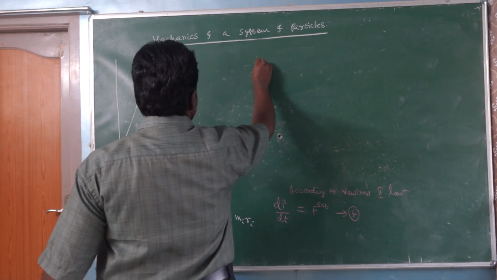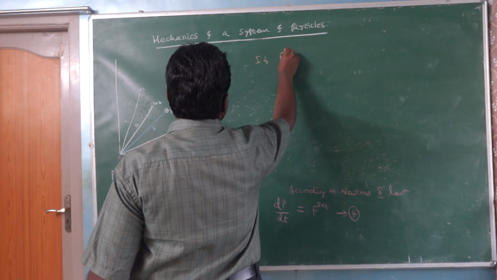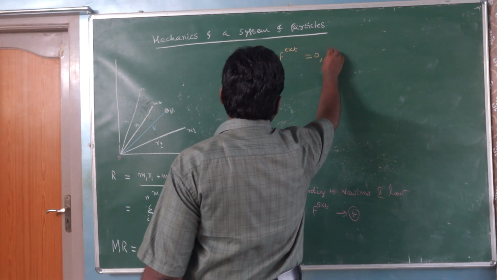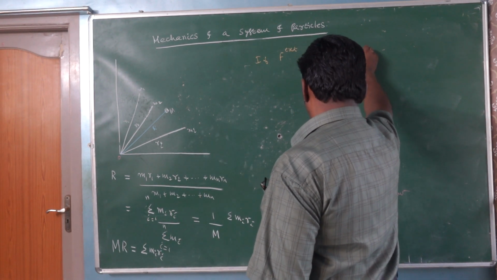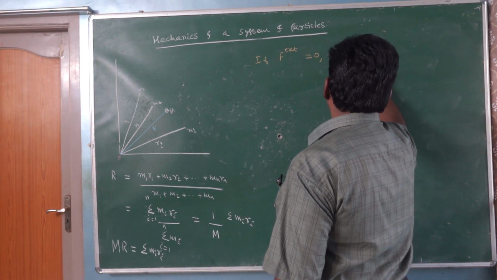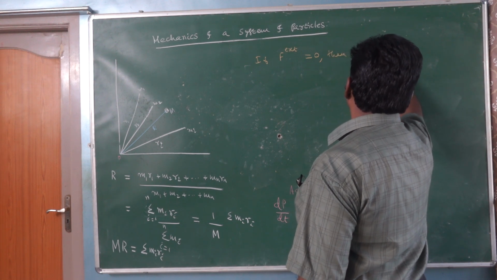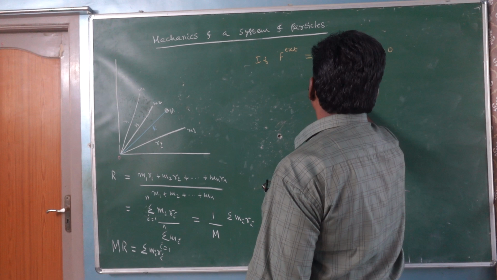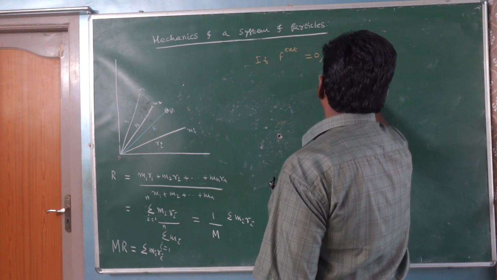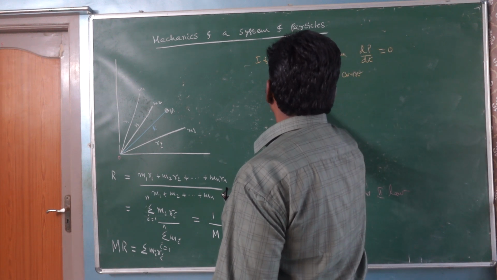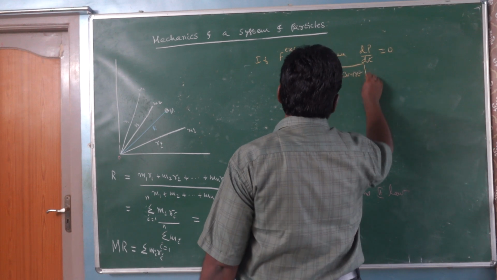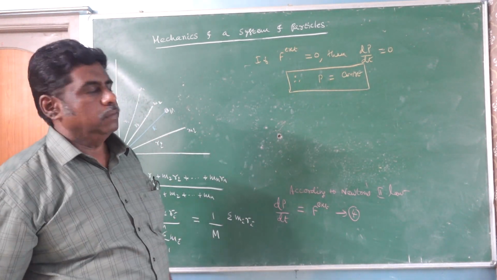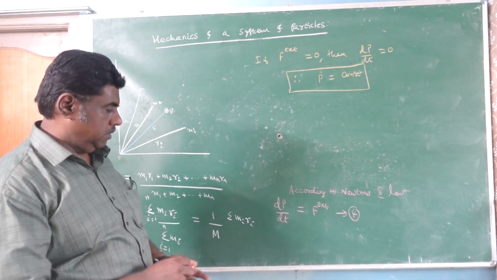If F external equal to 0, then dP by dt equal to 0. This gives P a constant. This linear momentum of the system is conserved.